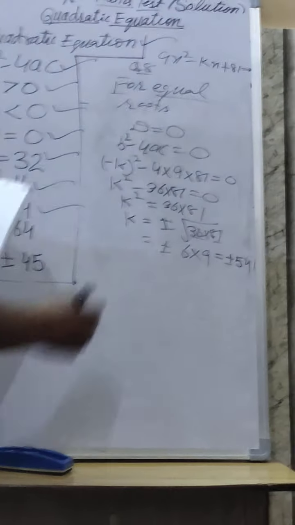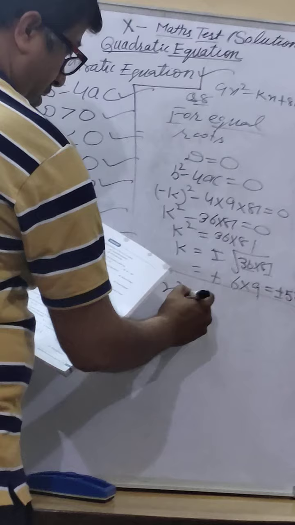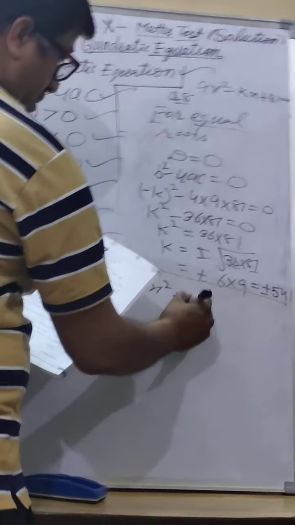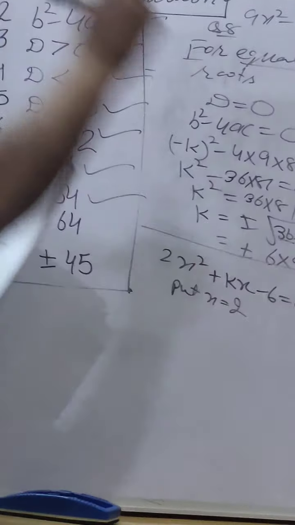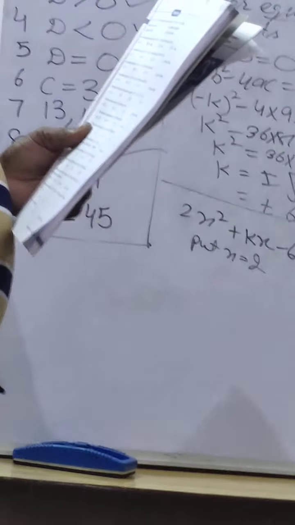So the ninth question was: if one root of the quadratic equation 2x square plus kx minus 6 is equal to 0 is 2. If root is 2, it means one value of x is given. Root means solution is given. If x is equal to 2 is the root, it means 2 is the solution.